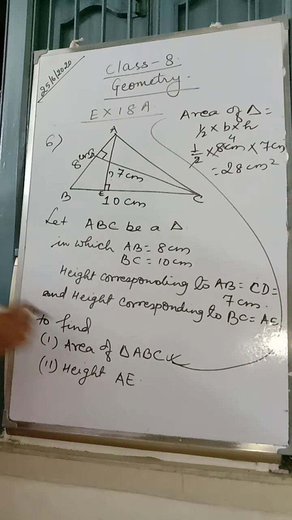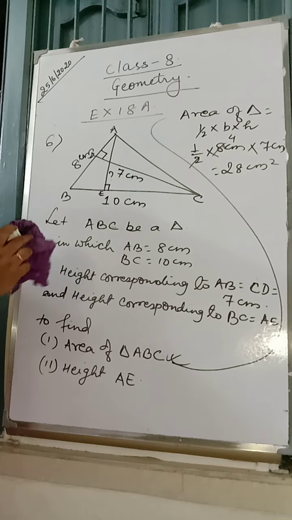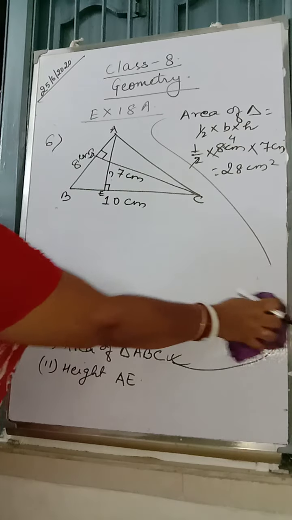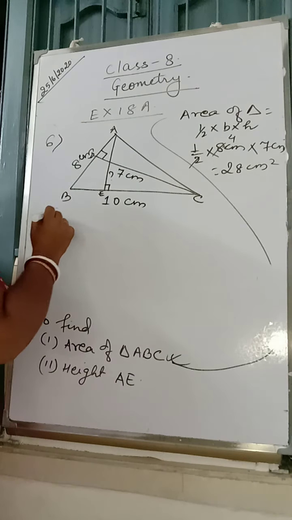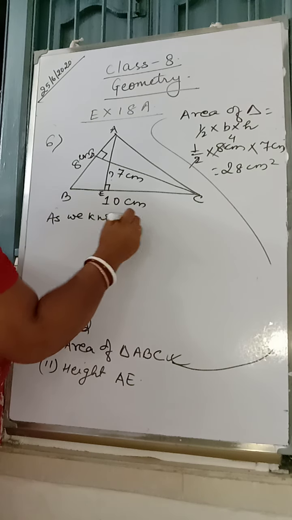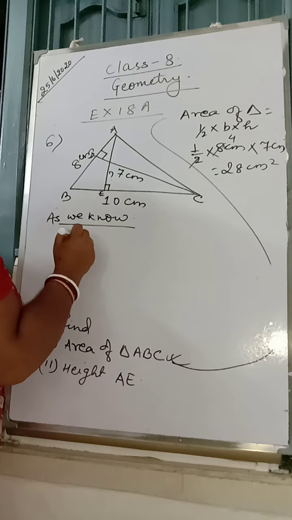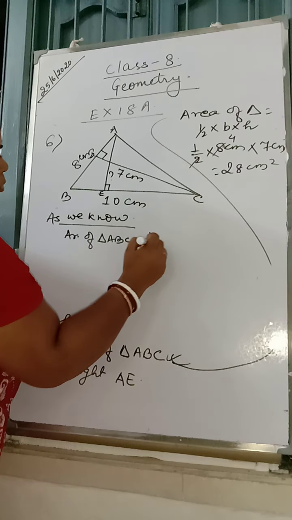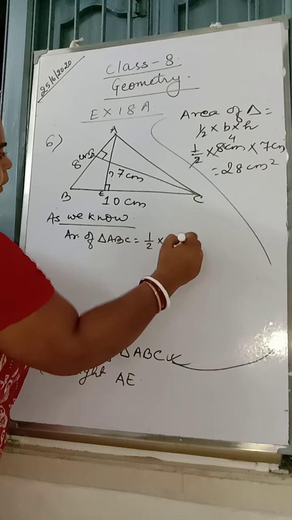Next we have to find the height, the length of AE. Now what we can do, I'm rubbing this portion now. As we know, area of triangle ABC is equal to half into BC into AE.